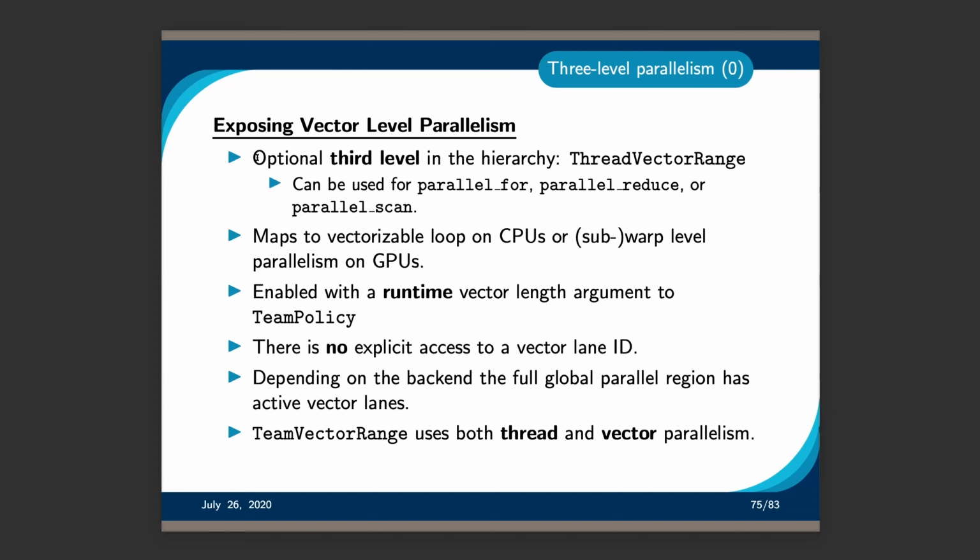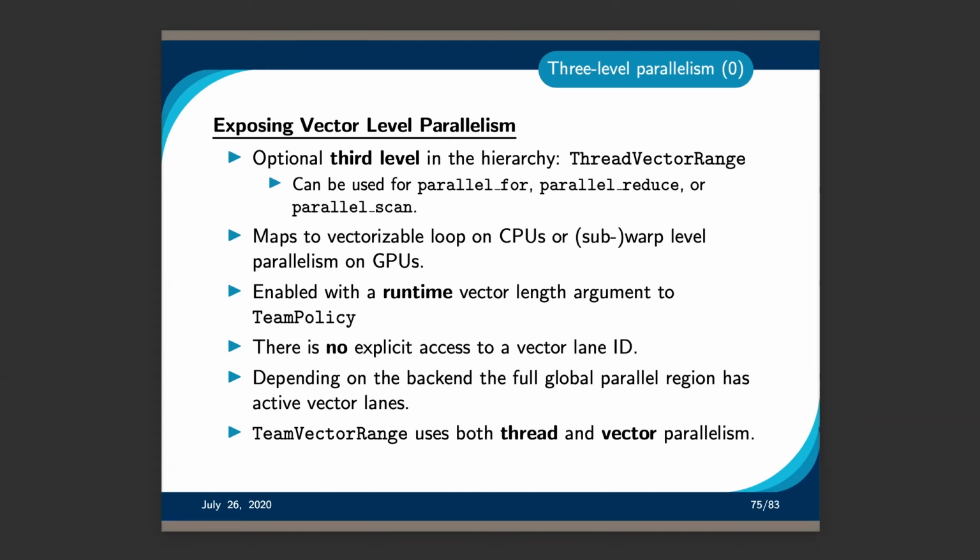There's also vector level parallelism. It's an optional third level in the hierarchy, and that is what you would use for thread vector range, and you can use that with parallel_for, parallel_reduce, and parallel_scan. What that does is it maps to vectorizable loops on CPUs or sub-warp level parallelism on GPUs. The way you do that is you give a third parameter where you say what the vector length of choice is.